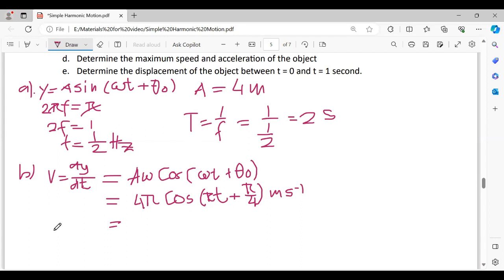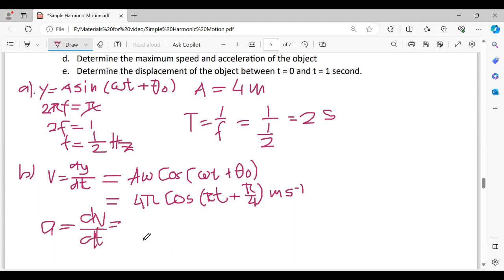Now, regarding acceleration, we are going to continue to determine it. As you know, acceleration is the second derivative of this equation, or the derivative of velocity, dv over dt, the derivative with respect to t.